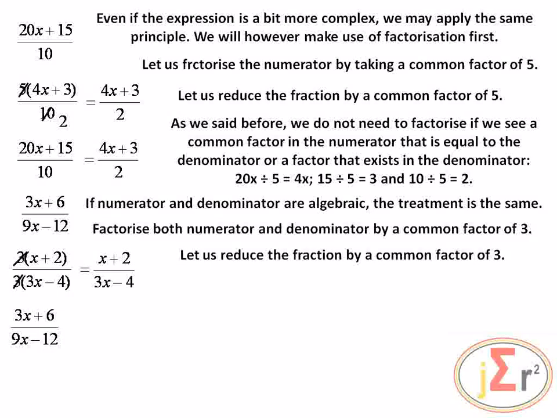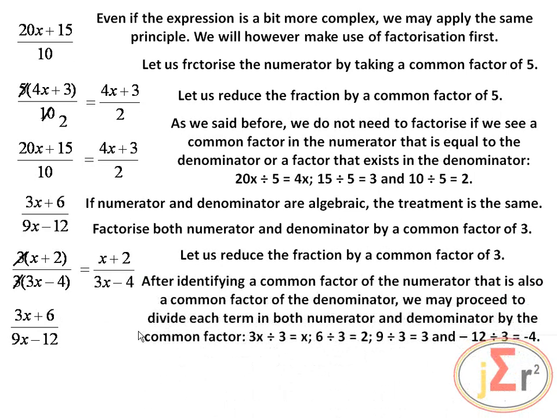So 3x plus 6 over 9x minus 12, what do we do? We identify, well, we did that when we were factorizing already, a factor that is common to both numerator and denominator. So we could have said 3 into 3x is x, 3 into 6 is 2, 3 into 9x is 3, 3 into negative 12 is negative 4. We could have done that without going through the factorization process.